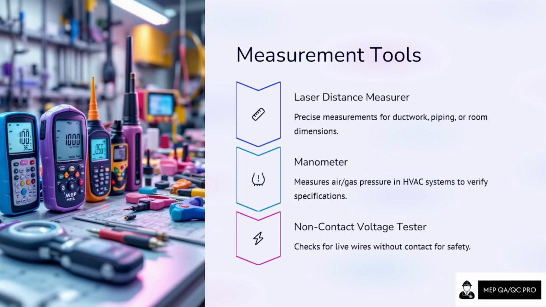Even the gauge of the duct which we are using at site can be identified, whether it's aligned with the project specification. So through this laser distance meter, you can easily identify anything regarding your inspection.